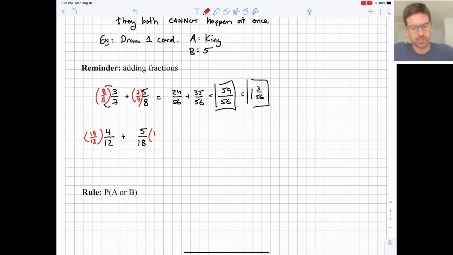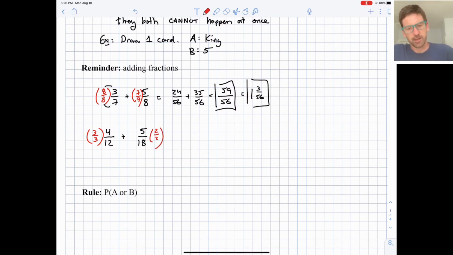Let's be a little bit more efficient though here. Let's think about what the least common denominator is here, or the least common multiple. And it's going to be 36. 12 and 18 both go into 36, and 36 is the smallest number that works. So we can multiply this by 3 over 3 to get 36 on the bottom, and 2 over 2 to get 36 on the bottom as well.